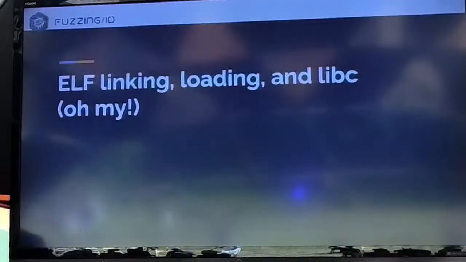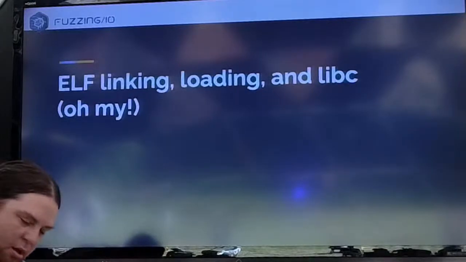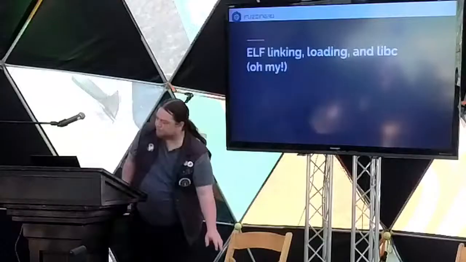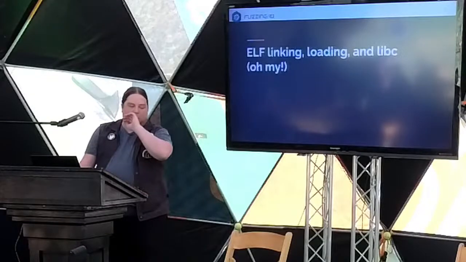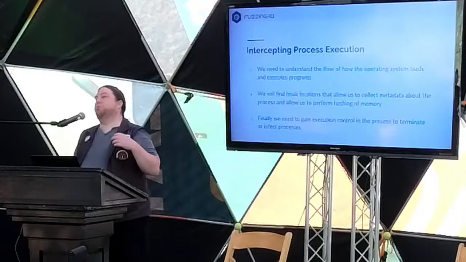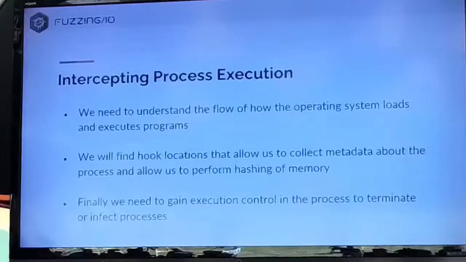So let's talk a little bit more about that whole linking and loading process. Okay, so our goals again are going to be to either verify a process, and if it doesn't match a hash, we want to kill it and terminate it because it is considered invalid and malicious.